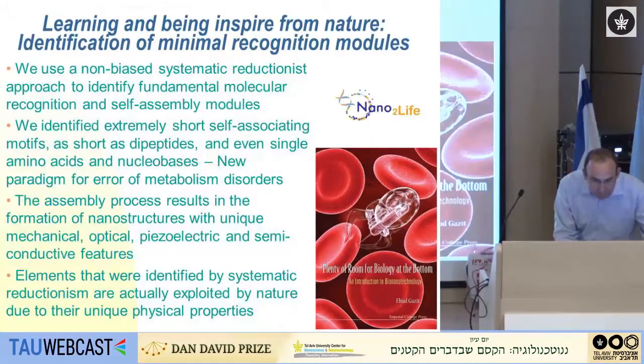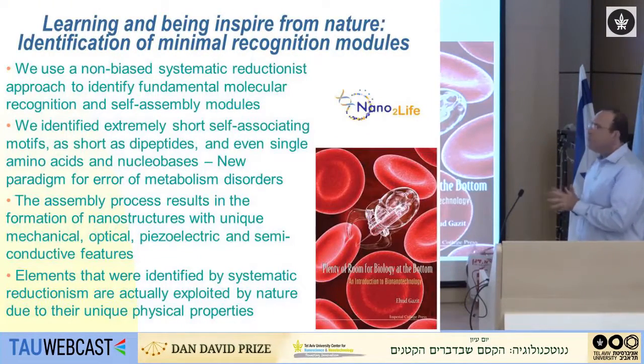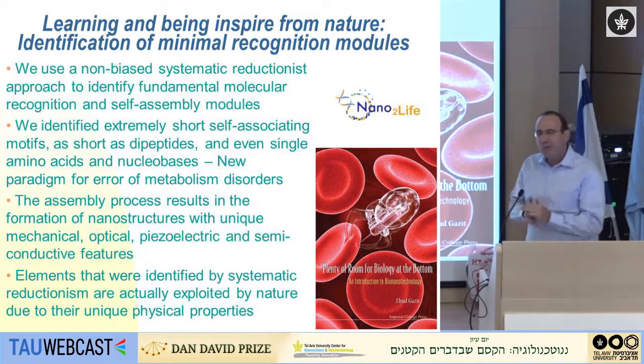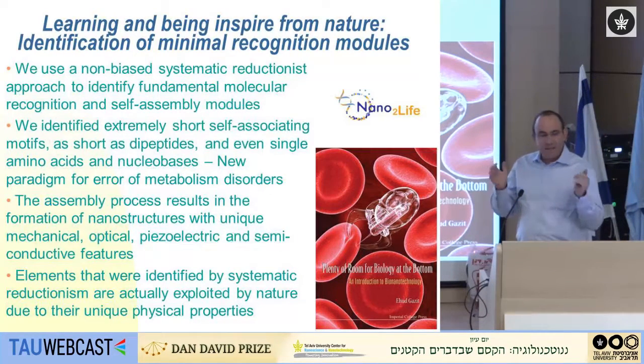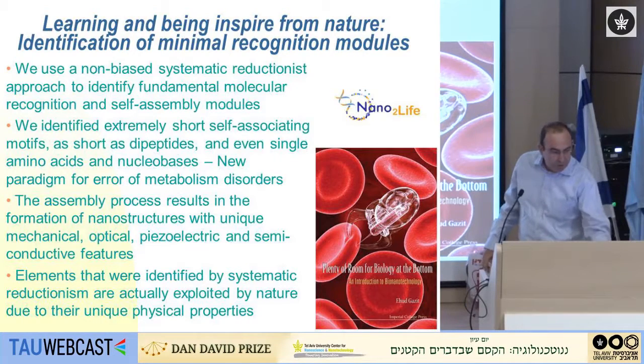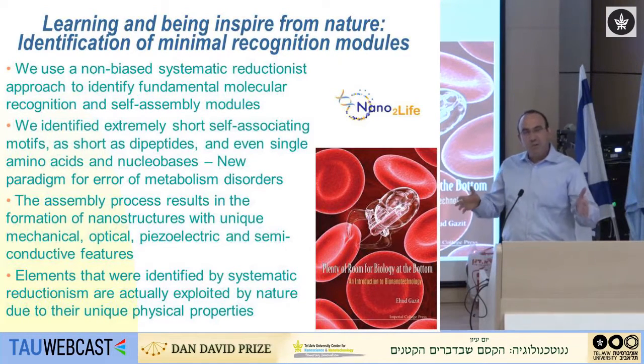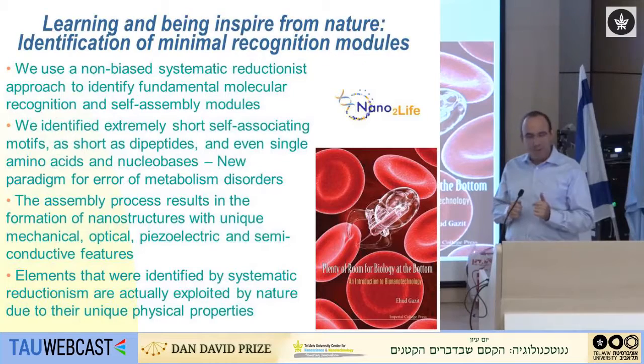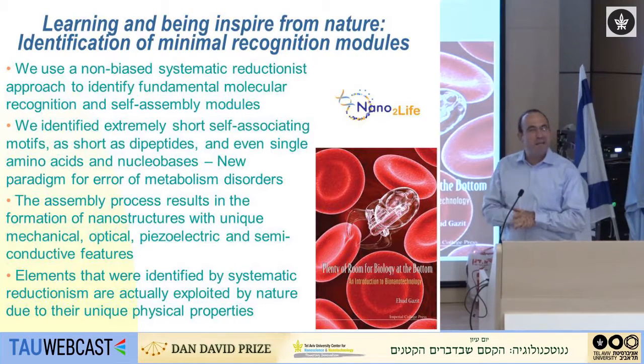So our approach for many years already was to use a non-biased reductionist approach to look for fundamental molecular recognition and self-assembly modules in nature. We went into smaller and smaller building blocks, as small as dipeptides, which were a workhorse for many years.